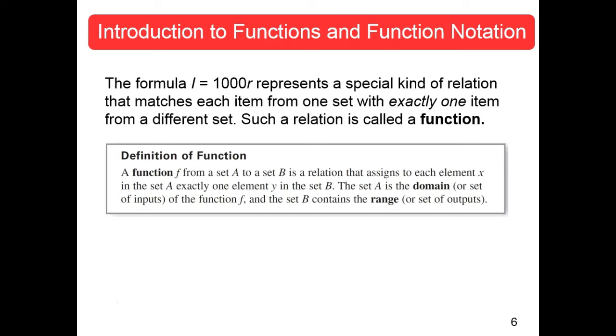Is a relation that assigns to each element x in the original set, A, exactly one element in the output set, B. Okay? The set A is the domain. All the possible inputs are the domain of the function f, and the set B contains the range, all the possible outputs of that function.